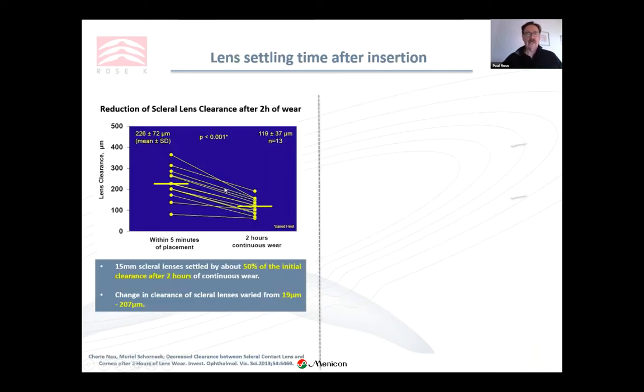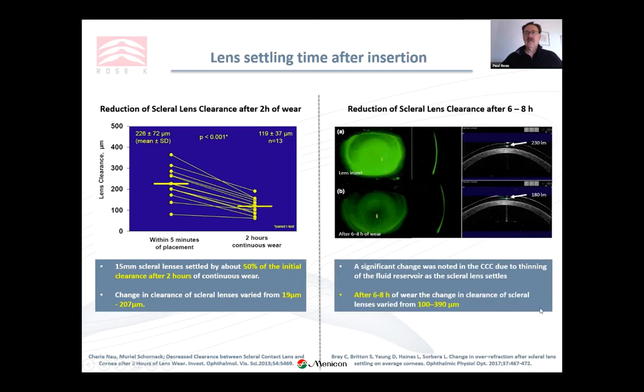And here is the study showing what happened after 2 hours. You can see that the actual amount of clearance varied from 19 microns. So in this case, there was very little change in the tear layer thickness. But in one case here, there was a huge change of over 200 microns. This study talks about after 6 hours of clearance as to what happens.